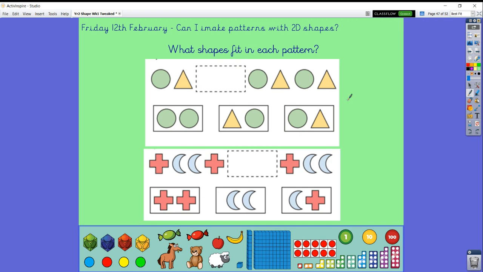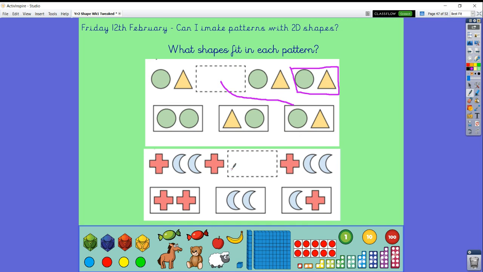So I seem to have circle, triangle, circle, triangle. So the repeating chunk is this circle followed by a triangle. It's going to have to be this one, isn't it? Circle, triangle, circle, triangle, circle, triangle, circle, triangle.